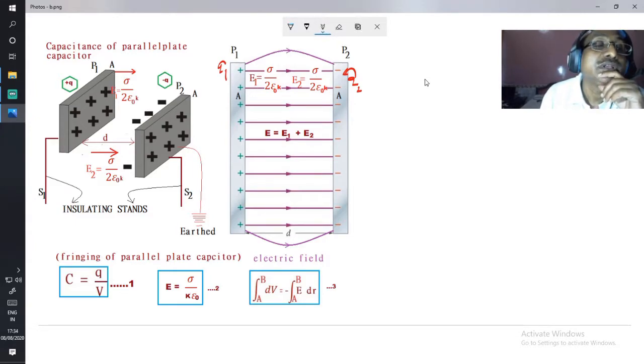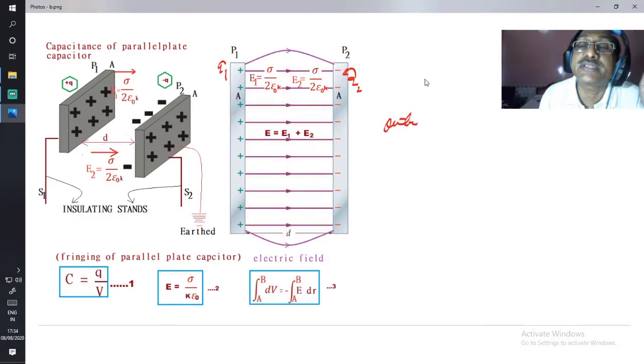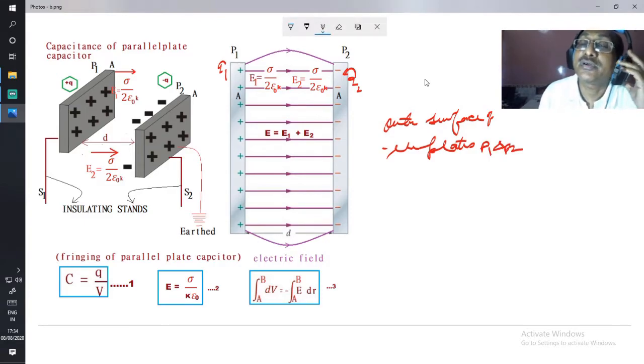Now, the charge on the outer surface of the plates P1 and P2 contains the amount of charge (Q1 plus Q2) upon 2.